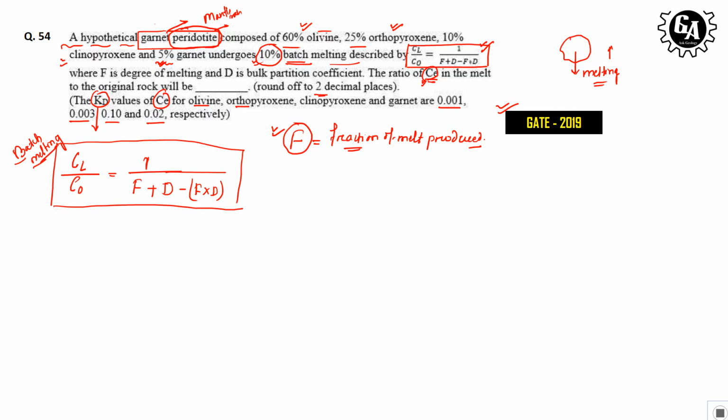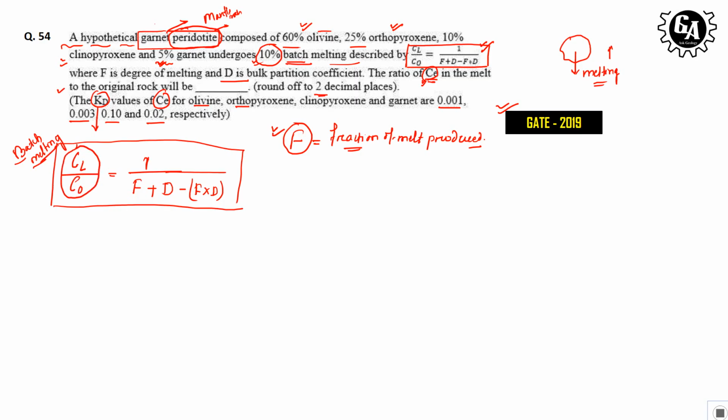Whether it is crystallizing, the remnant liquid is still in the melt form. If it is melting, some amount of melt will be formed due to the increasing temperature. So F is always the fraction of melt produced, or the fraction of melt present in the system. D is the bulk partition coefficient, the ratio of cerium in the melt to the original rock. Now he is asking for the Cl/C0 value.